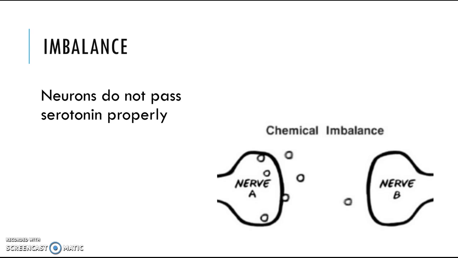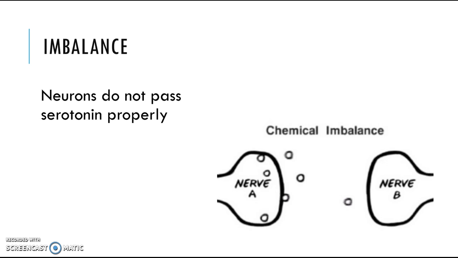It receives messages from other neurons, interprets the message, and then sends it to other neurons. If the neurotransmitters, the chemicals in the brain, cannot be used and interpreted correctly, this causes an imbalance.